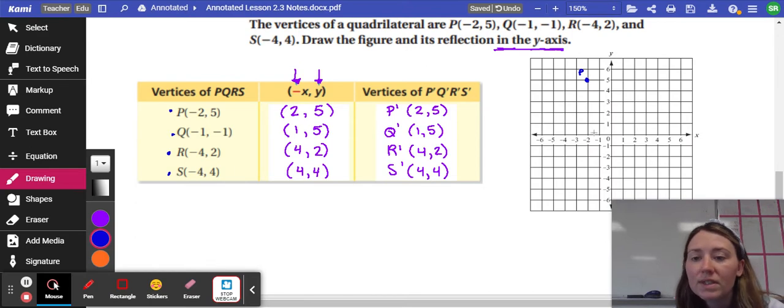Label it P. Q is at -1, -1. R is -4, 2. And S is -4, 4. Okay, we're going to go ahead and connect those points to form our quadrilateral.